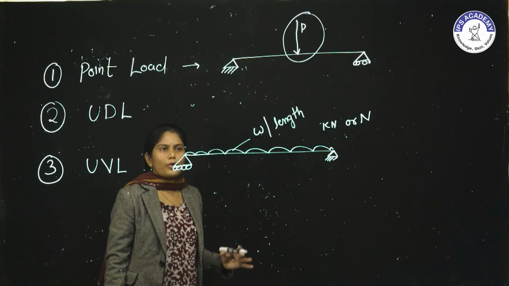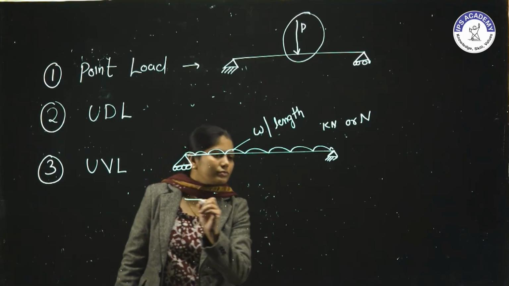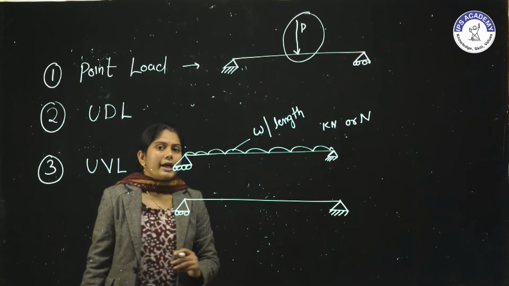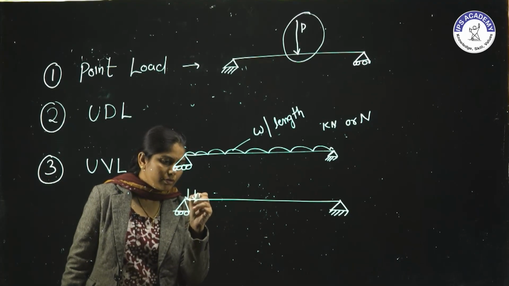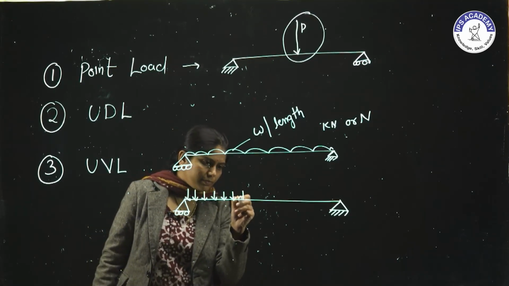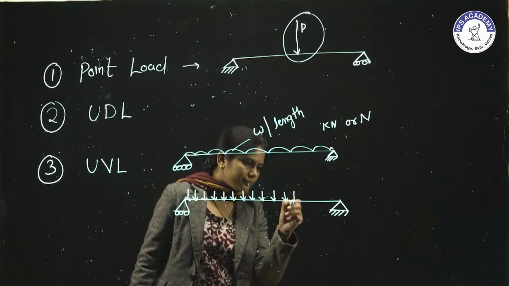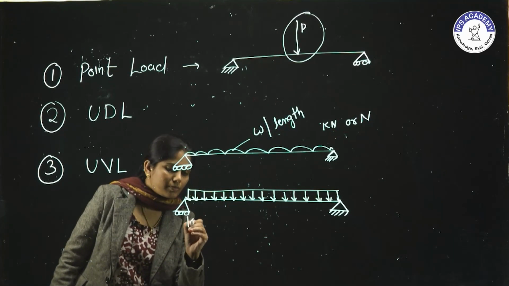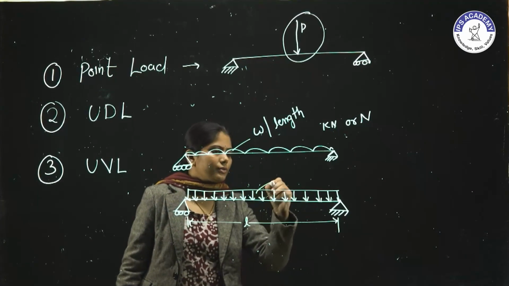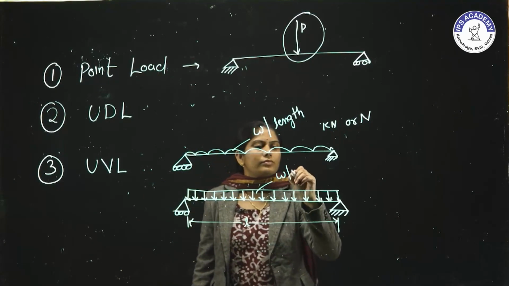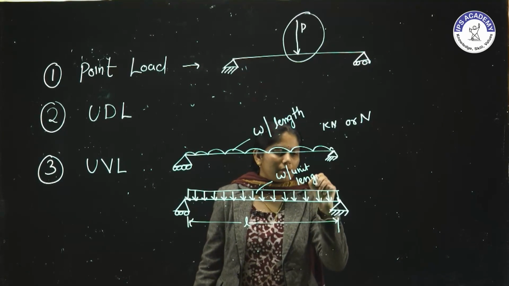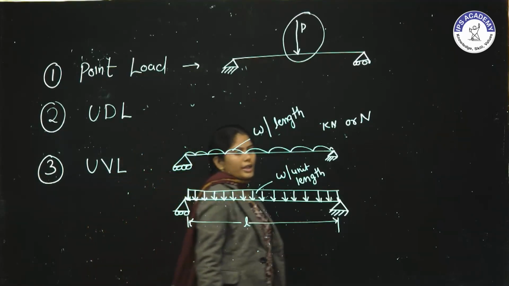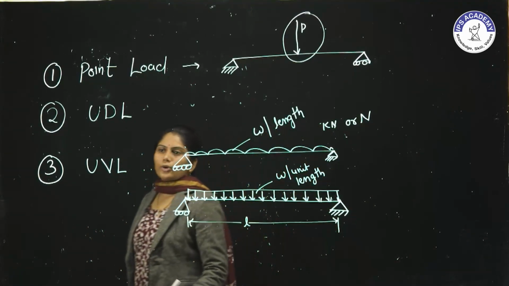This is the diagram of uniformly distributed load. Intensity will be the same over the length, so we will draw L length, unit length. Now equivalent load diagram for UDL.